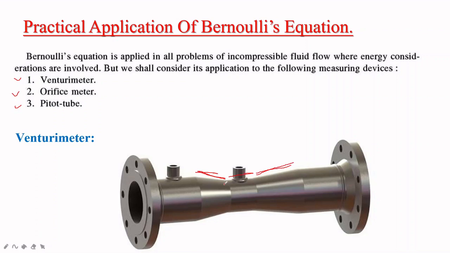If asked what the parts of a Venturimeter are, it has three parts: a short converging part, a throat, it is called the throat, this is the converging part and this is the diverging part.